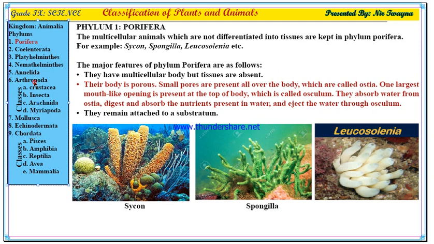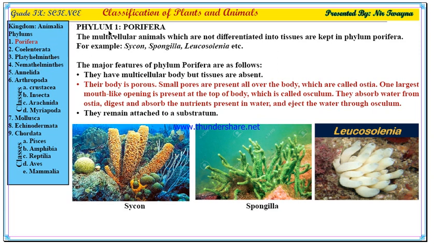Among them, Arthropoda has 4 classes: Crustacea, Insecta, Arachnida, and Myriapoda, and Chordata has 5 classes: Pisces, Amphibia, Reptilia, Aves (sorry, that was a typo mistake, it should be Aves, not Avia), and Mammalia. One by one we are going to discuss all of these phyla.